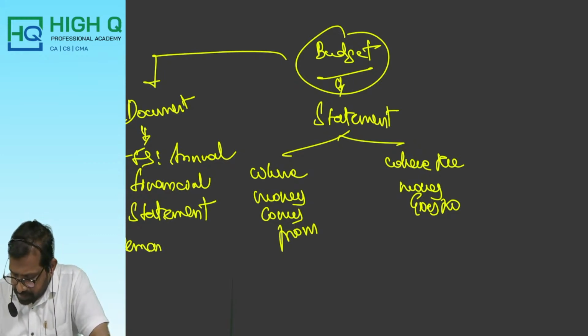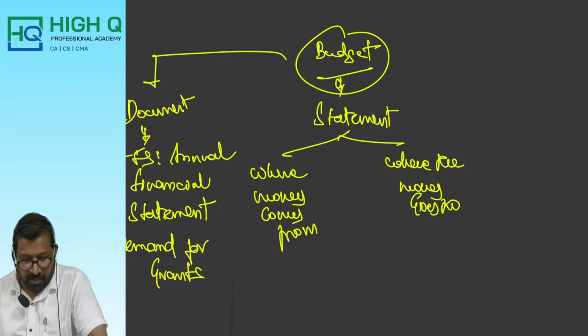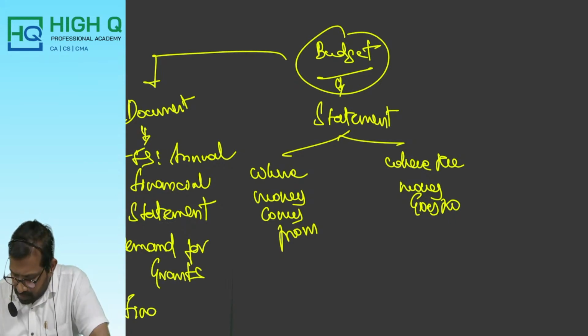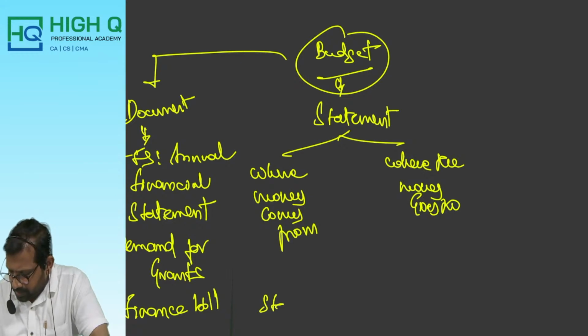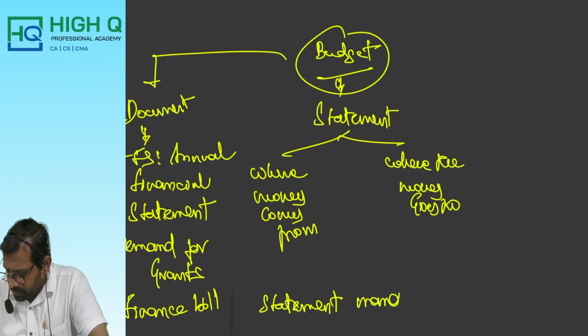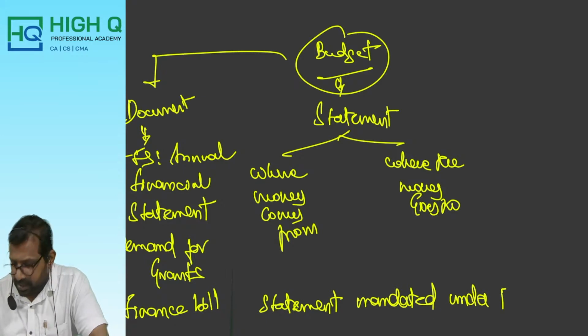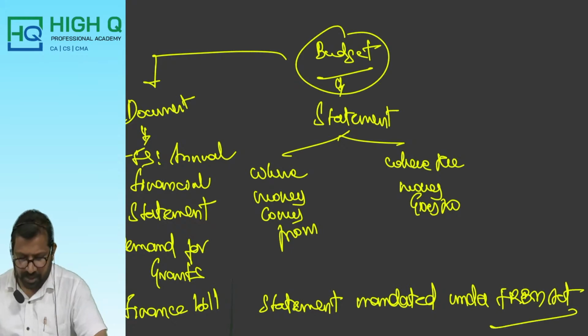Another one is demand for grant. The third one is finance bill, and the last one is the statement mandated under the FRBM Act.